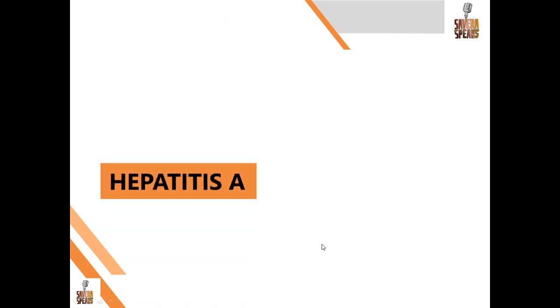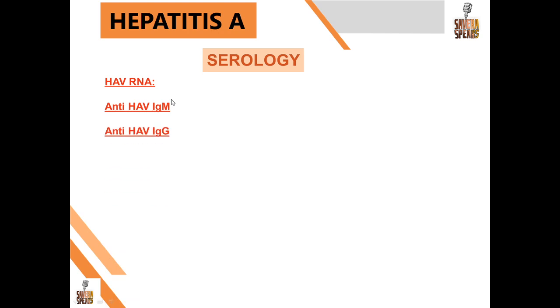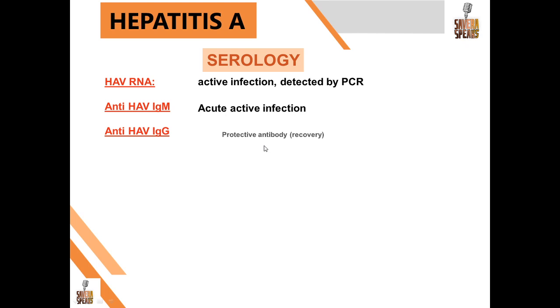Now we are moving towards the acute viruses, that is hepatitis A virus and hepatitis E virus. For hepatitis A virus, in serology we detect HAV RNA, anti-HAV IgM, and IgG anti-HAV. HAV RNA is a gold standard. It refers to an active infection detected by the PCR, and IgM for acute and IgG for chronic.